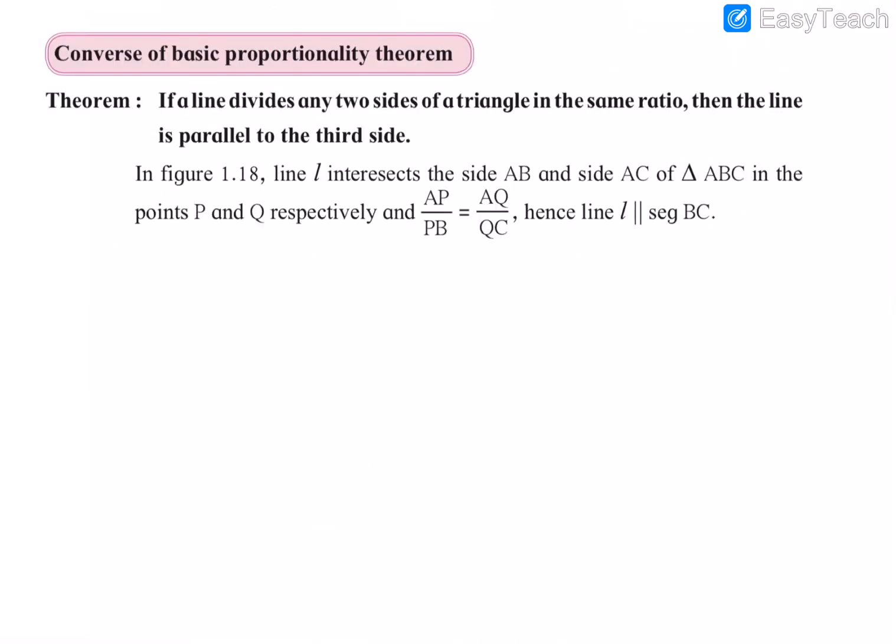Now we are going to look at the converse of this basic proportionality theorem. The converse means the opposite statement, that is, if a line divides two sides of a triangle in the same ratio, which means it is given that a line is dividing the two sides of a triangle in the same ratio, then the line is parallel to the third side.